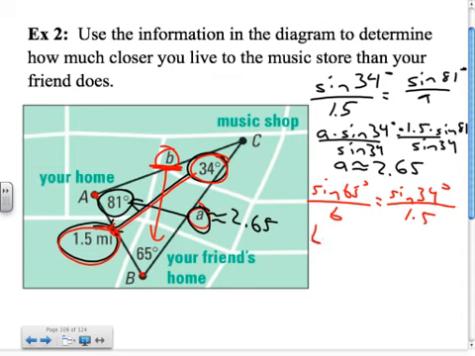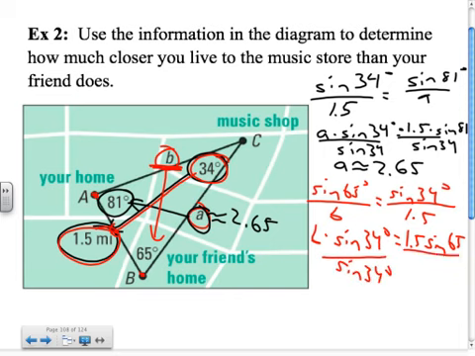Cross multiply, so B times sine 34 equals 1.5 sine of 65, and again from there divide both sides by the sine of 34. I know I'm going rather quickly. If you need to slow this down, just go ahead and rewatch it.